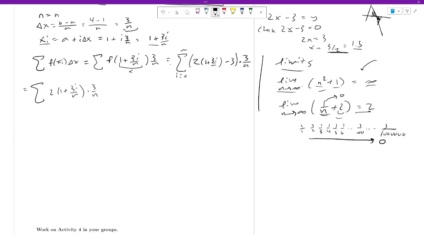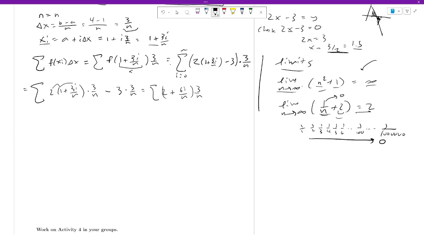So that's multiplied on the first term. And then minus 3 times 3 over n, that's multiplied on the second term. Let's just keep simplifying. So 2, let's just multiply the 2 through. So like this. 2 plus, so 2 times 3i over n, so that's 6i over n.